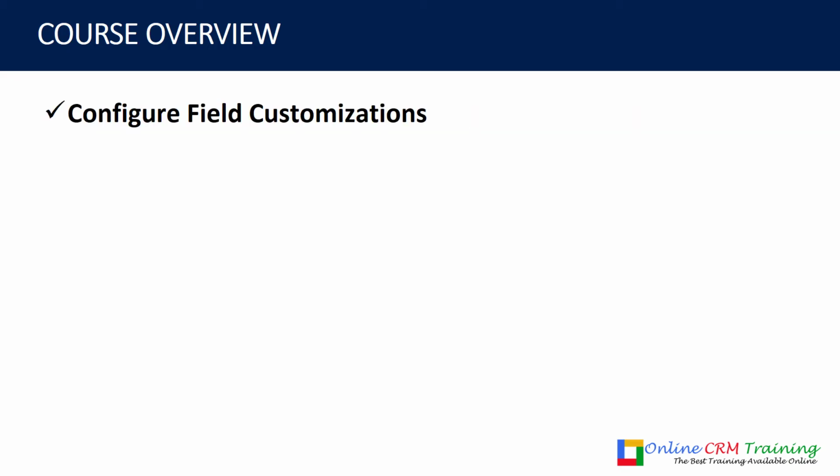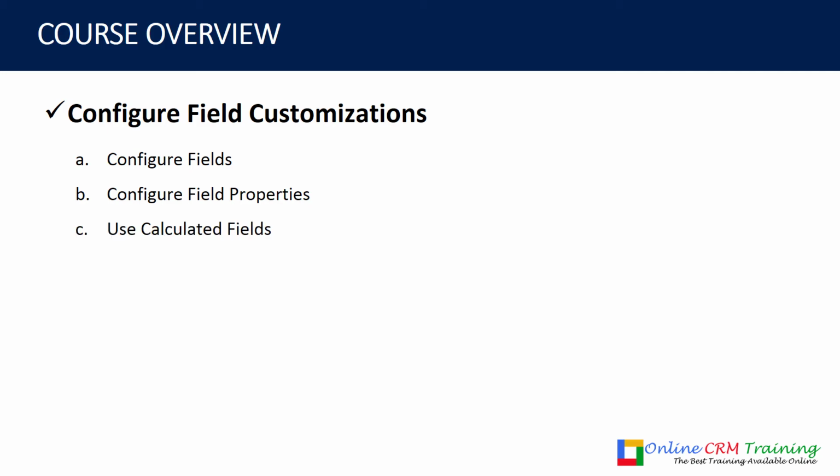Once you do that, the next thing would be how to configure field customizations. We'll talk about how to configure fields, how to configure field properties, and how to use calculated fields based on your requirements. We'll talk about what calculated fields are and how you can use them. You'll also learn about roll-up fields. In case you want to display a value from a different entity record, then definitely roll-up fields can be the way forward.